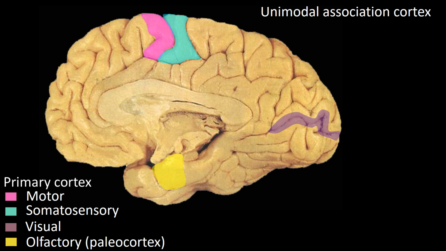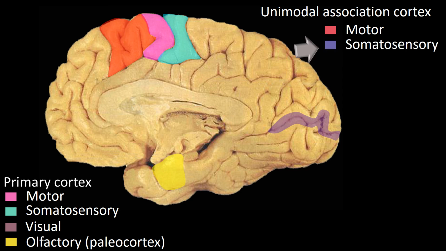In this surface, we find the motor unimodal association cortex in front of the primary motor cortex. The unimodal motor association cortex at this location is called the supplementary motor cortex, usually just referred to as the SMA. The A stands for area.